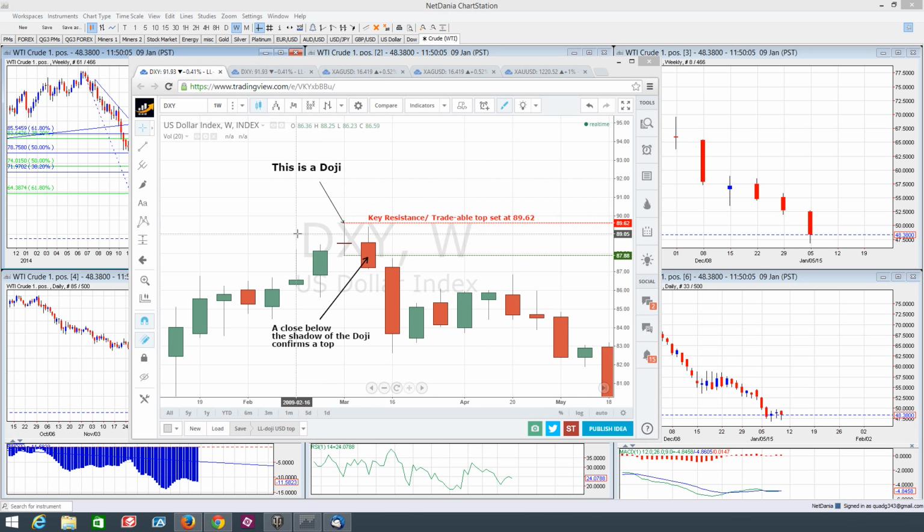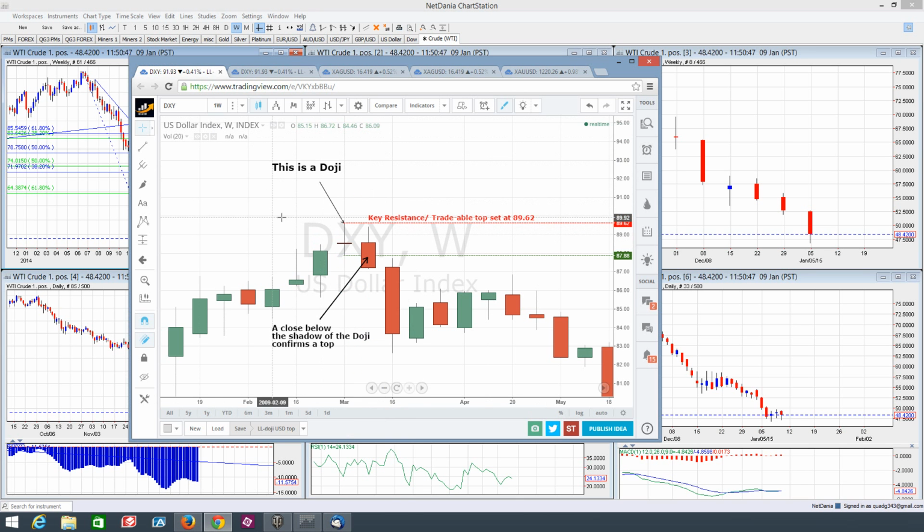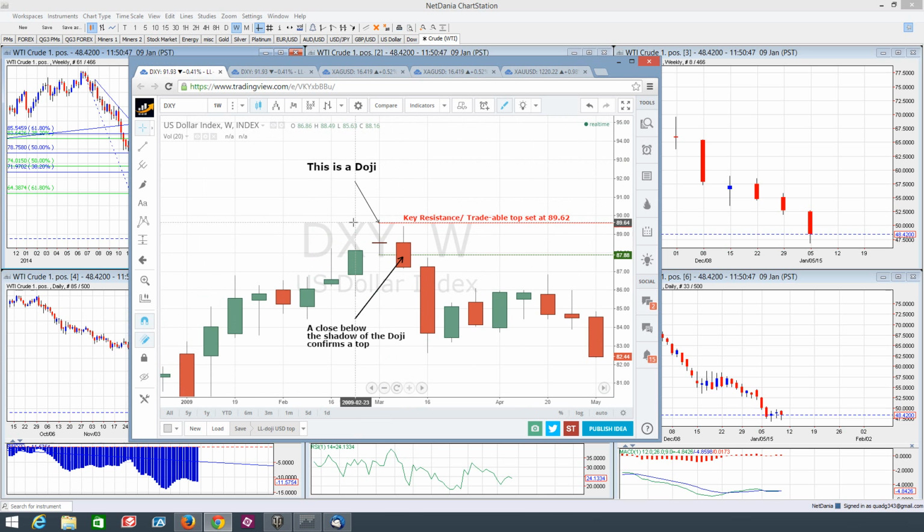And here's a fine example of one here in the US dollar index on a weekly basis. We see that this particular week, we'll zoom in here. For this week, the opening price came in at about 88.50 or so, and intra-week we saw a high up here.